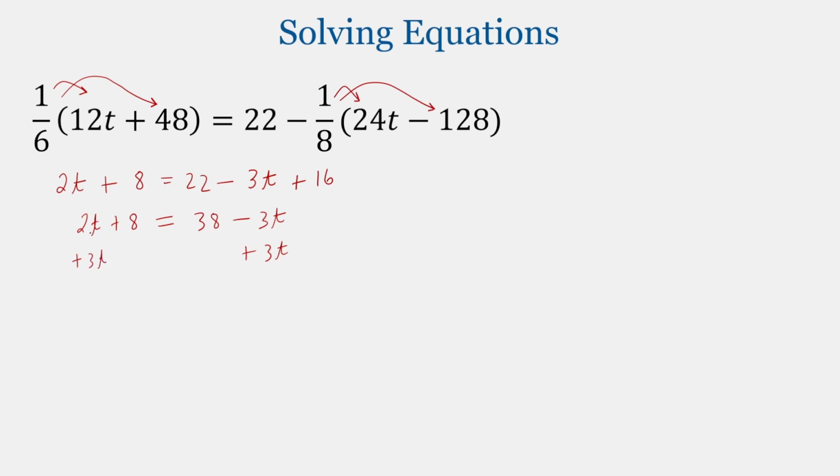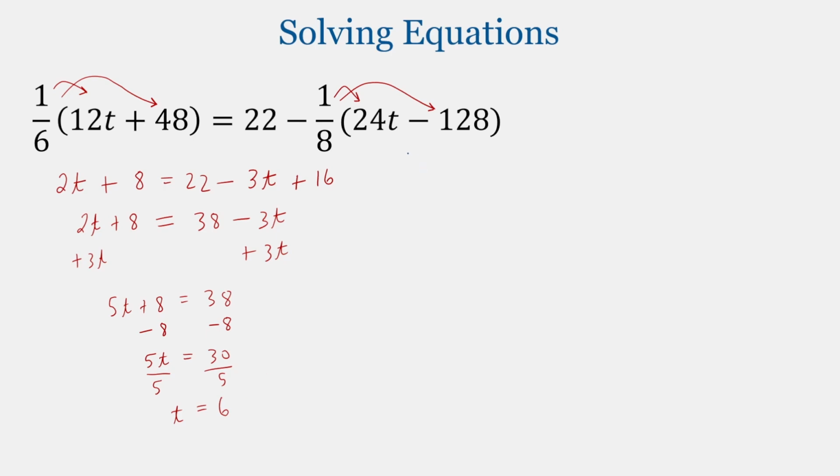This results in 5t plus 8 on the left equal to 38. The variable has disappeared on the right side. And then we'll subtract 8 from both sides. We end up with 5t equal to 30. And then dividing by 5, we get a value of t equal to 6.